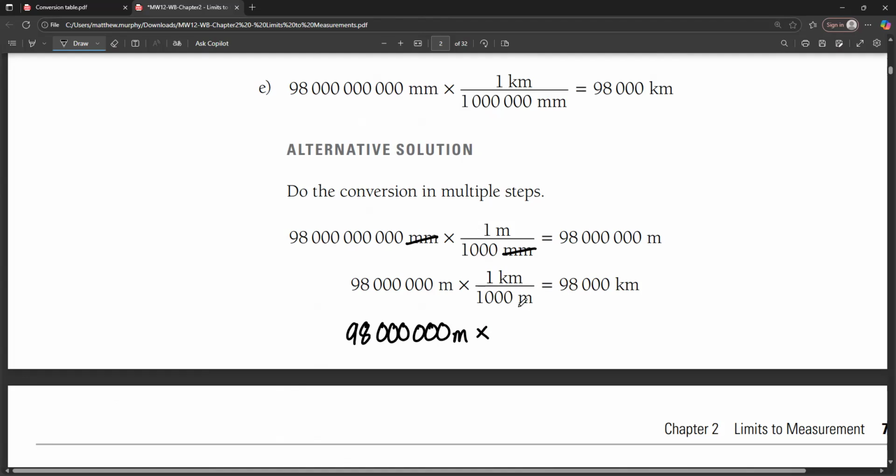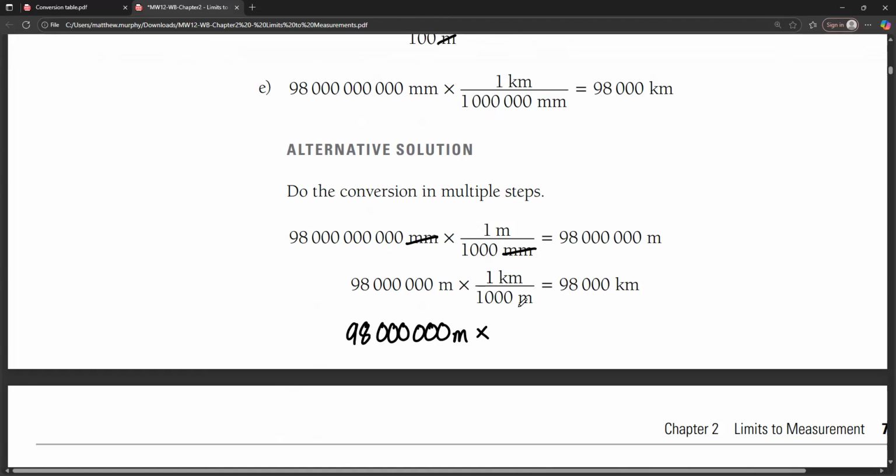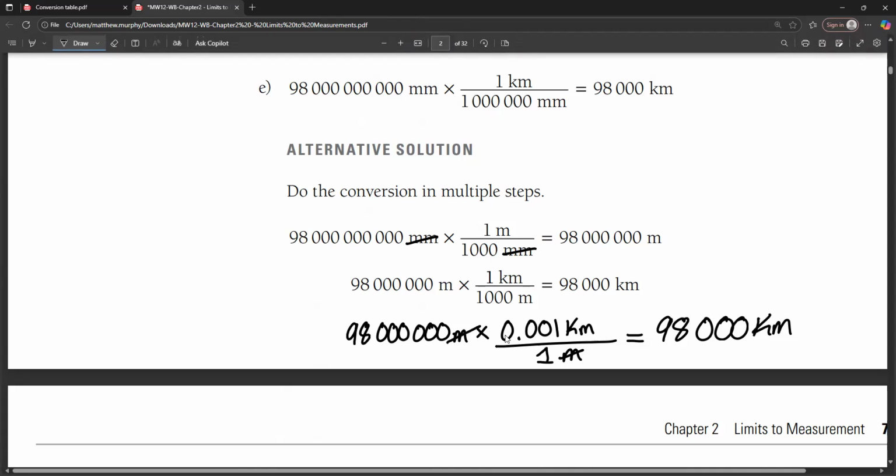But I'm just going to use the table if you need to rely on it. So 0.001 kilometers over 1 meter. That would be from our table. Cancel the meters, and you're still going to get the same answer. So if you go 98 million times 0.001 and then divide by 1, you're still going to get the same answer.